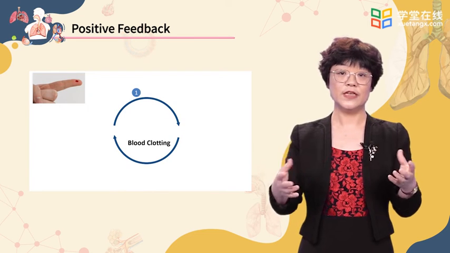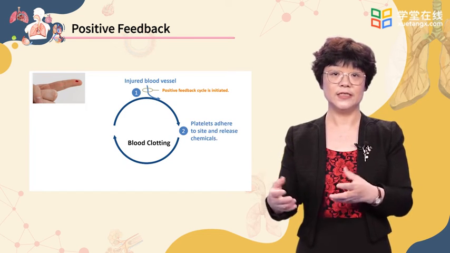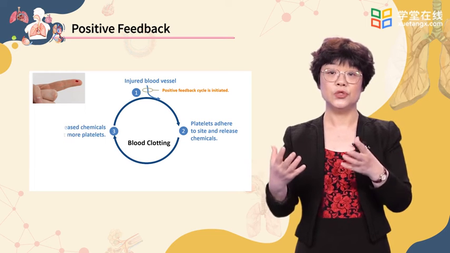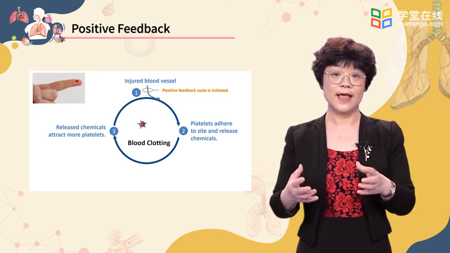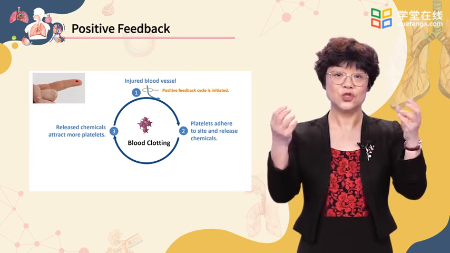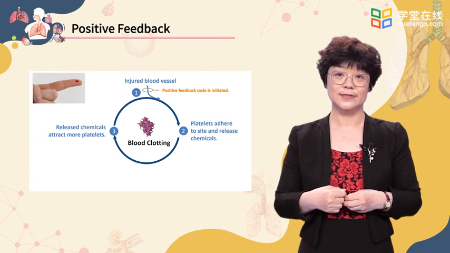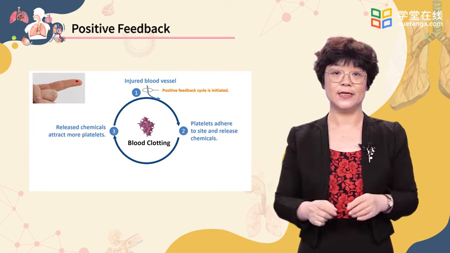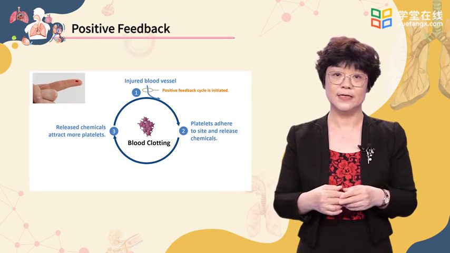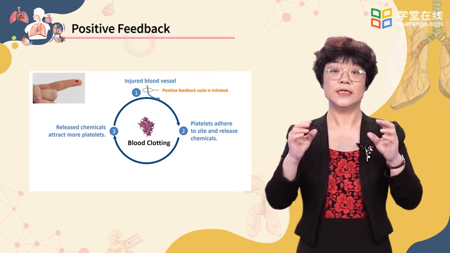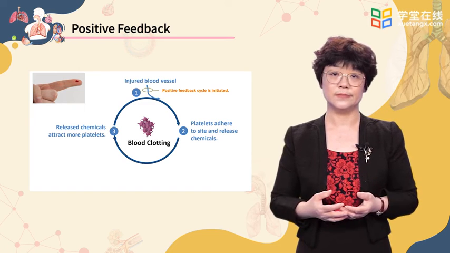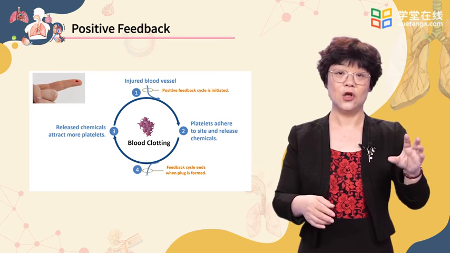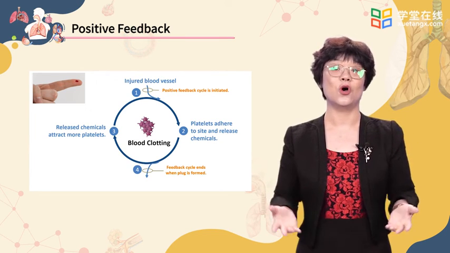Basically, once a vessel has been injured, platelets immediately begin to stick to the injured site. Platelets then release chemicals to attract more platelets. And so, very rapidly, the pile-up of platelets temporarily plugs the tear and initiates the sequence of events. And finally, a clot is formed and bleeding stops.